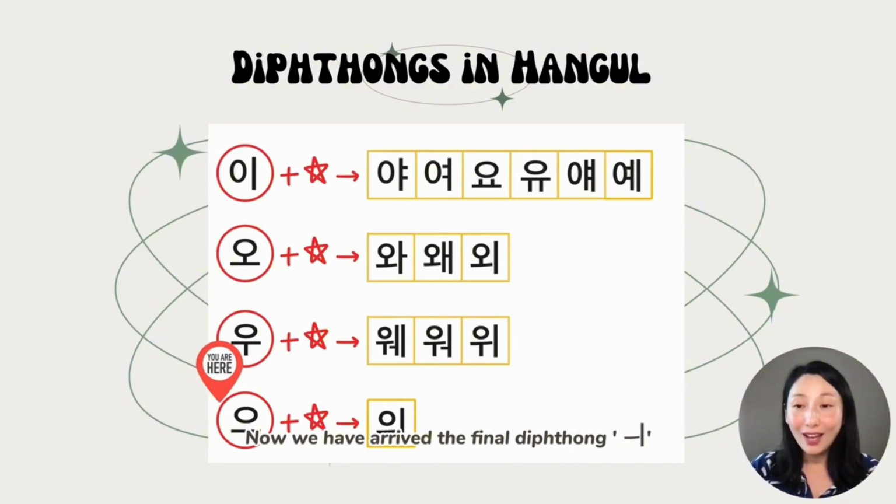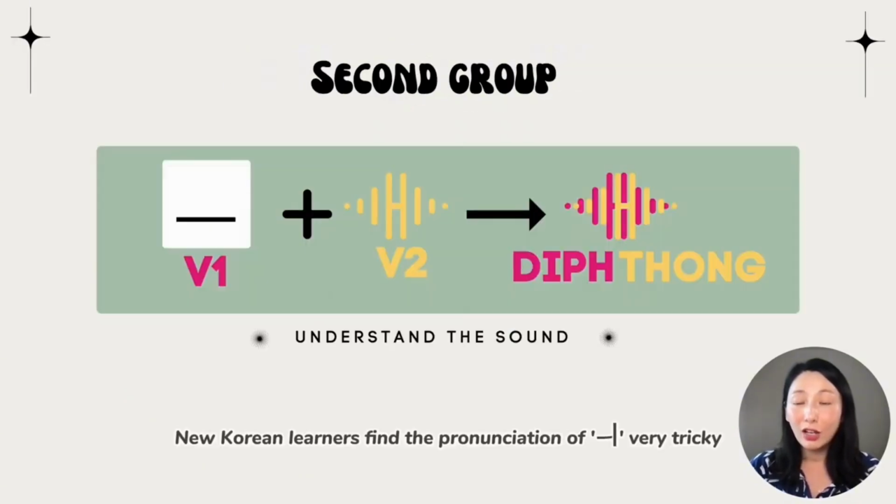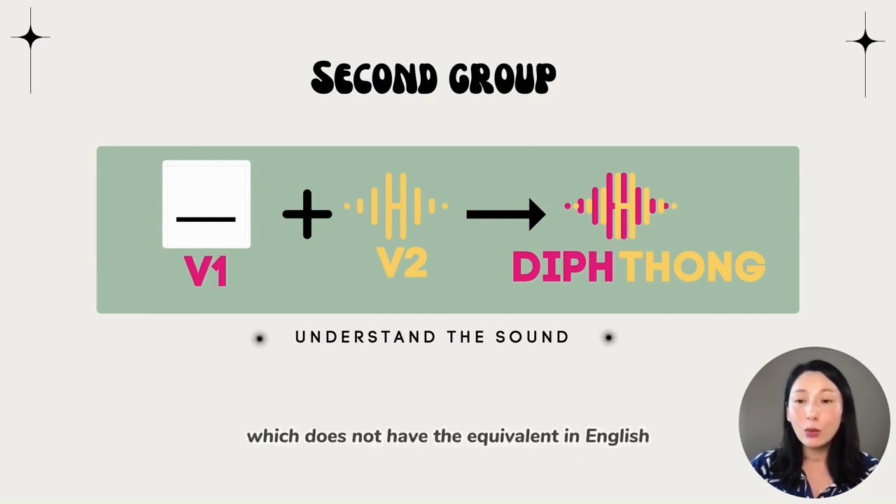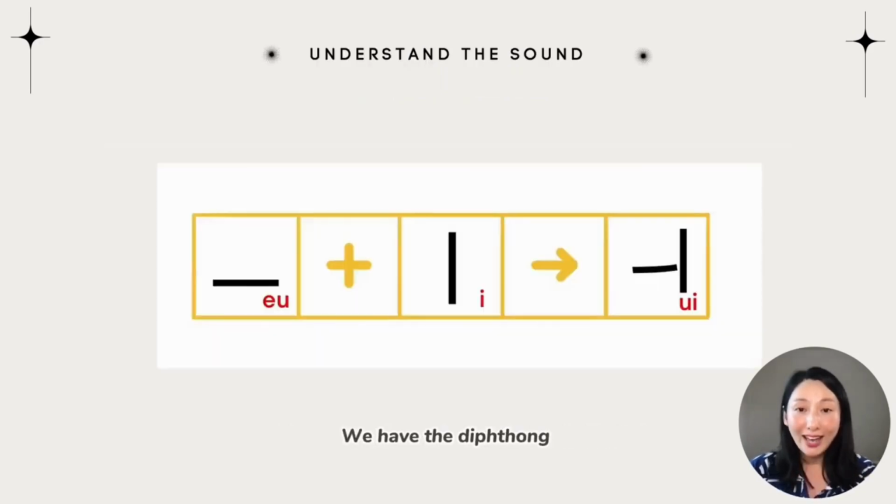Now we have arrived at the final diphthong 의. New Korean learners find the pronunciation of 의 very tricky due to its difficulty, which does not have an equivalent in English.